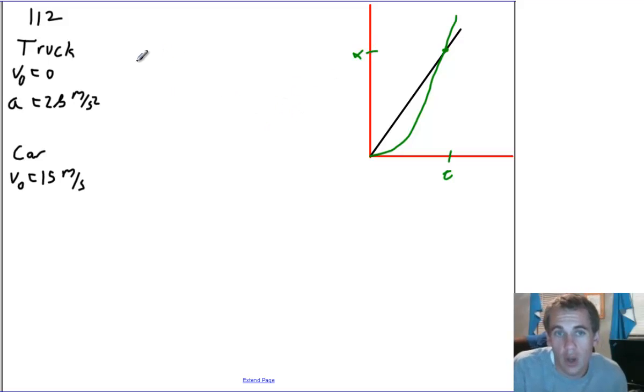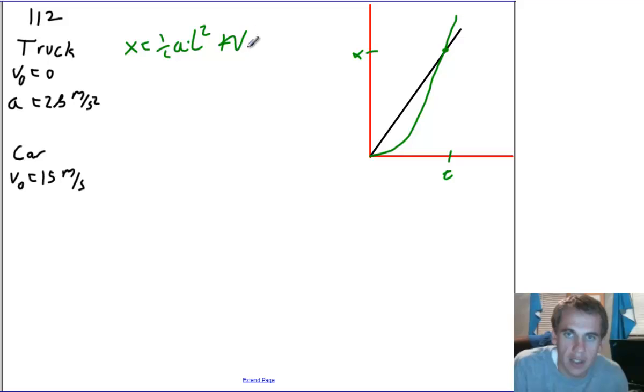Okay? Well, here's what we know. We know that the position of the truck is given by x equals 1/2 at squared plus v naught t plus x naught. But since we're measuring everything from the traffic light, we can say its initial position is 0. Same thing with the car, we're measuring it from the traffic light, its initial position is 0.